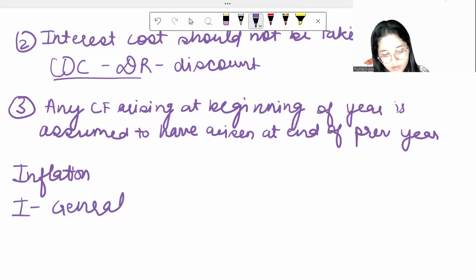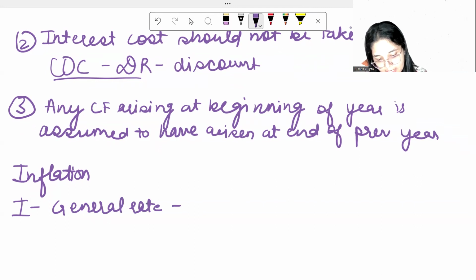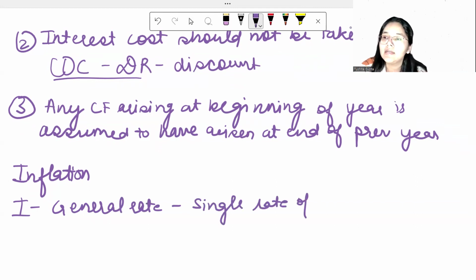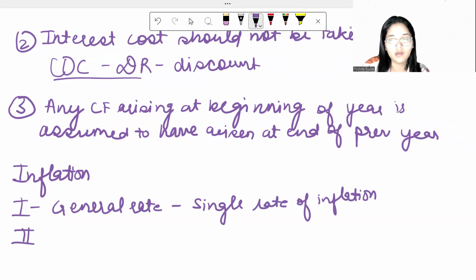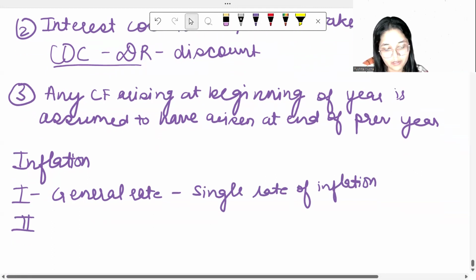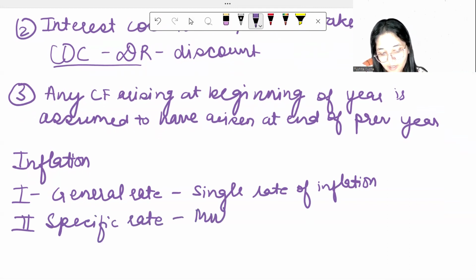Either the examiner is going to give you a general rate, which means a single rate of inflation is applicable to all of your items. The second criterion could be a specific rate, which means you will have specific rates for different items. So over here you will have multiple rates. Now, what do I mean by this? I'll give you an example of both of the things.